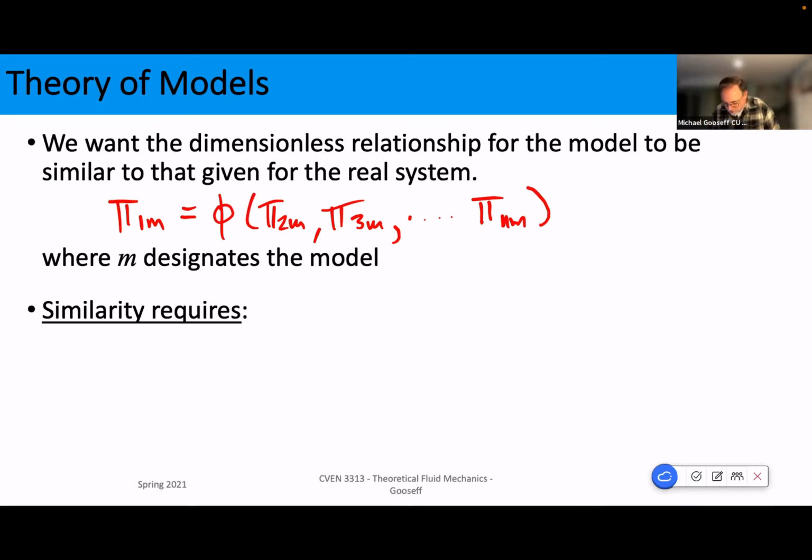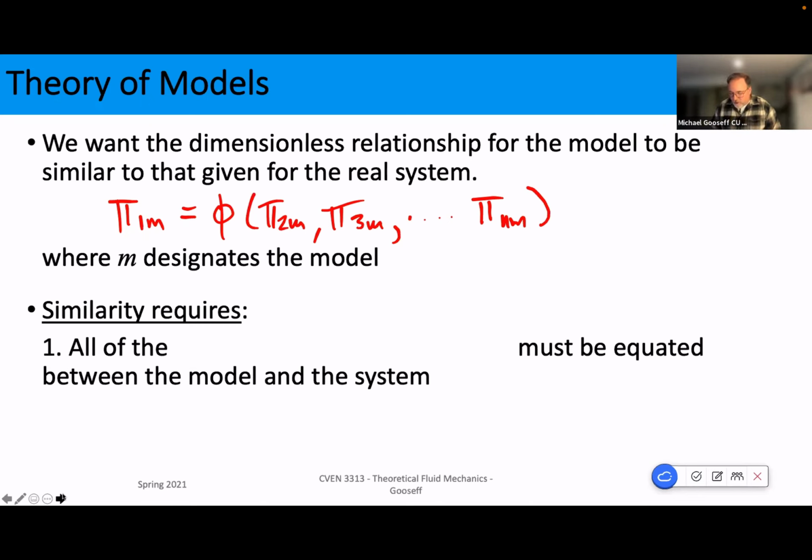And so what we mean by that then is that, one, similarity will require that all of the corresponding pi terms must be equated between the model and the system. We might call the system the prototype, right?